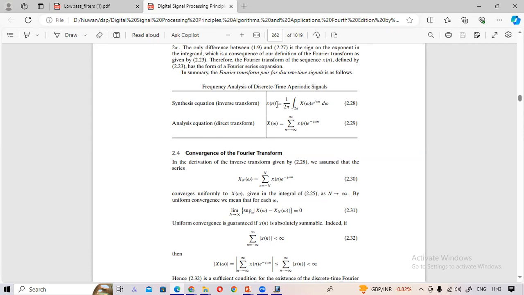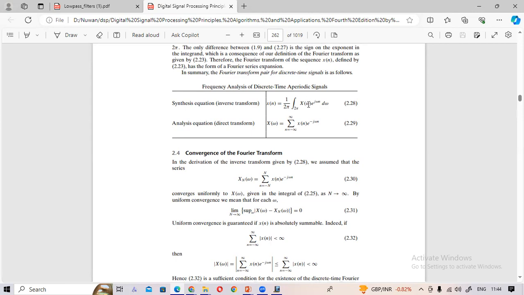When you are finding the inverse Fourier transform, you have to apply integration. So that is plus jωn, which is what I want to verify. It will be e^(jωn) with 1/2π. This is minus infinity to plus infinity, but this ω is a normalized ω, not discrete.